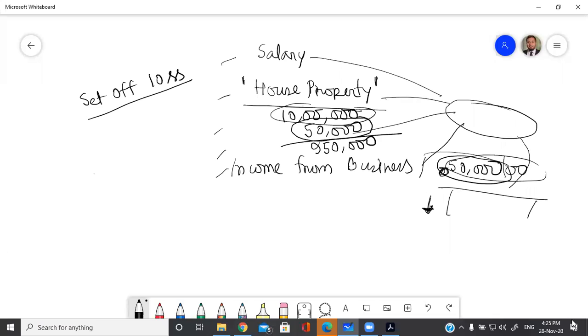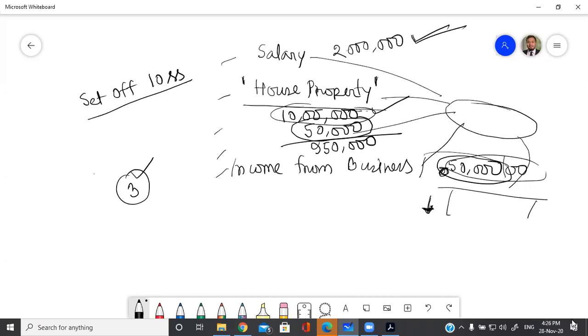Say from salary you have 2 million income. So how much is your total positive income? 2 million, 1 million, 3 million.